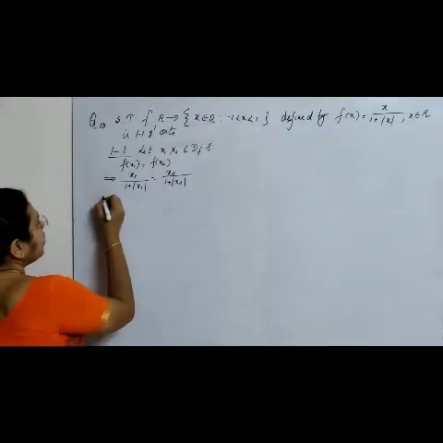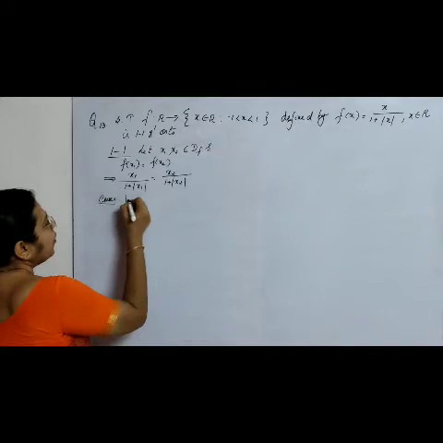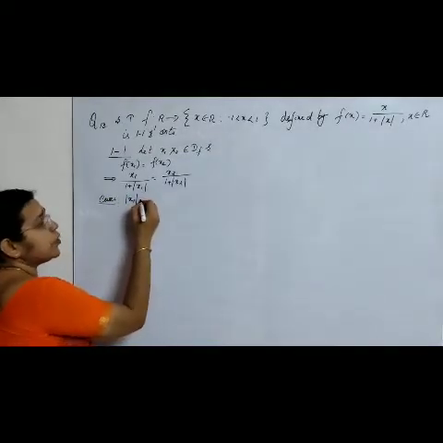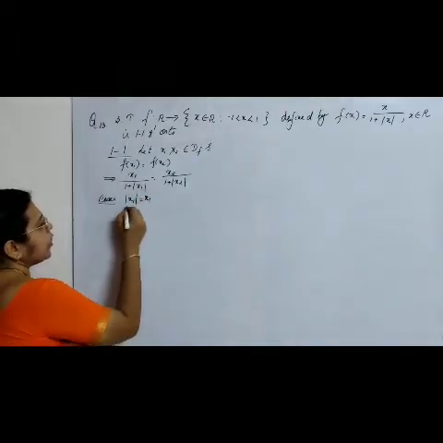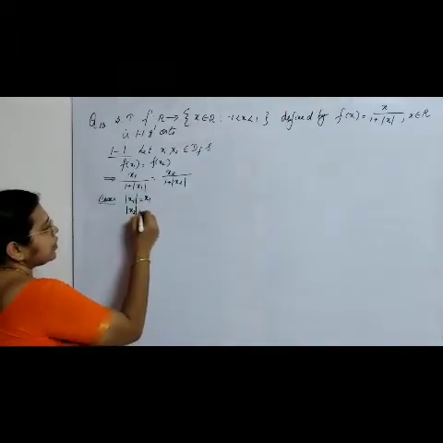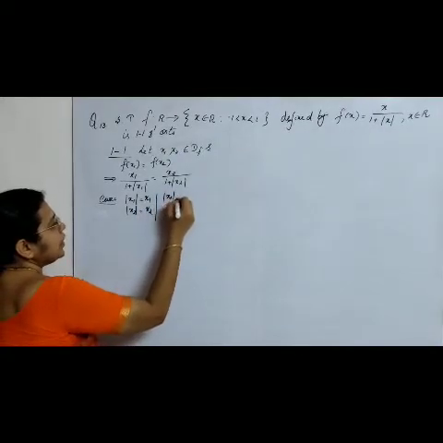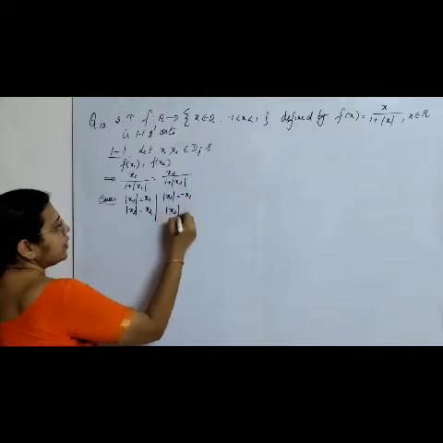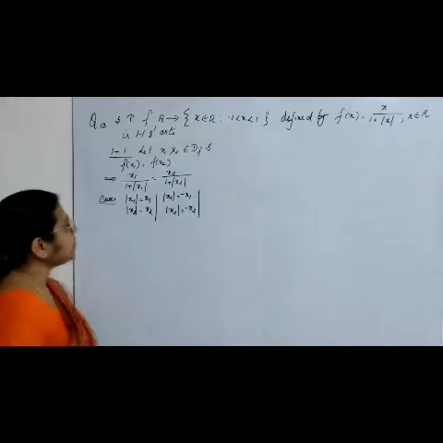Okay, so which are those cases? I can write the cases as: modulus of x1 is positive, so modulus of x1 is equal to x1 and modulus of x2 is equal to x2. This is the first case. Modulus of x1 equals minus x1 and modulus of x2 equals minus x2. This is the second case.